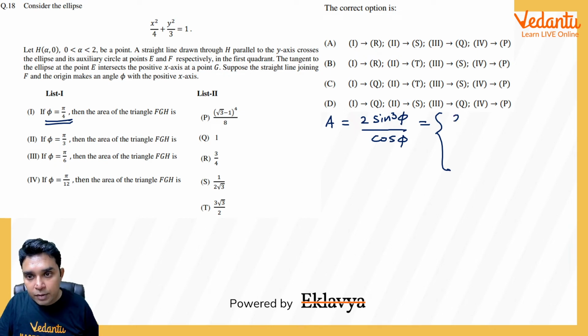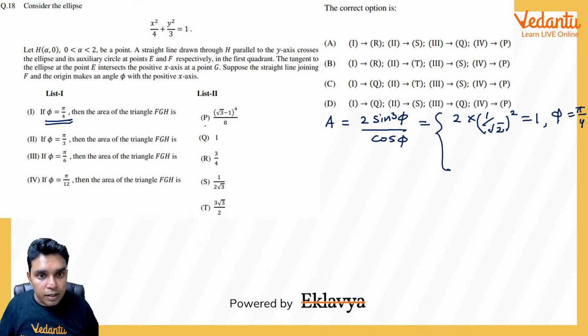So that will be just 2 into (1 by root 2) square, because one of sine phi, cos phi can be cancelled. So it will be 1 if phi is equal to pi by 4. Okay, so for 1, my answer has to be Q. So I think we have eliminated two of the options, A and B. So we are left with C or D. And if I am able to find the answer for the second one, I think we are done.